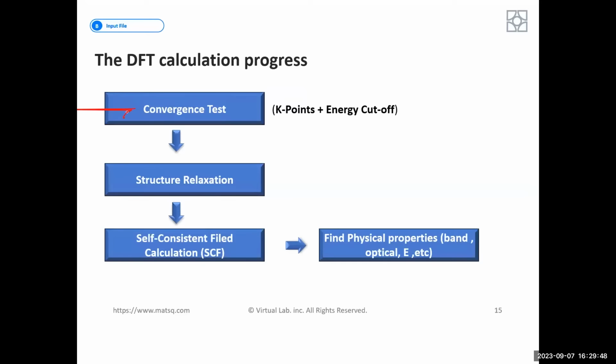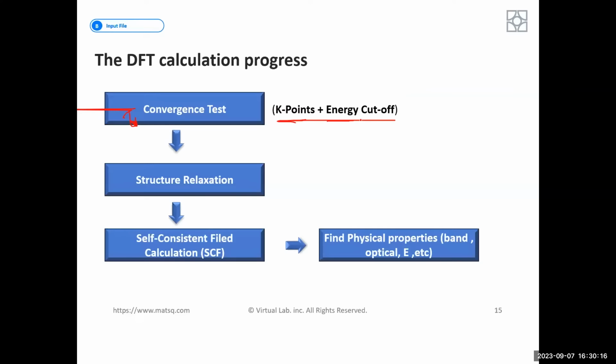When we start the DFT calculation, at first we start something called the convergence test. There are parameters like K point and energy cutoff. I will show you in Material Square where these K point and energy cutoff are, so it will be easier for you to understand. But you have to ensure these values are suitable for your structure.